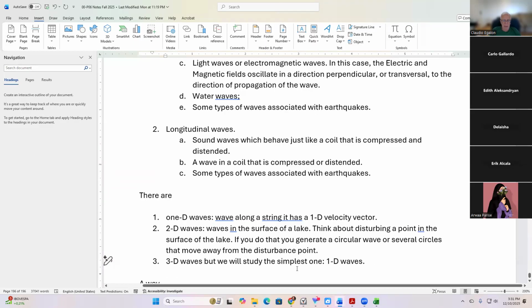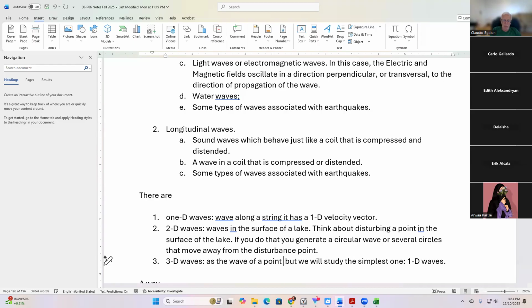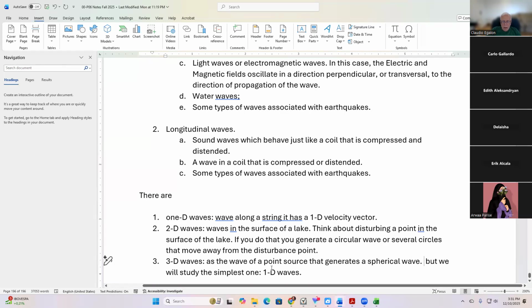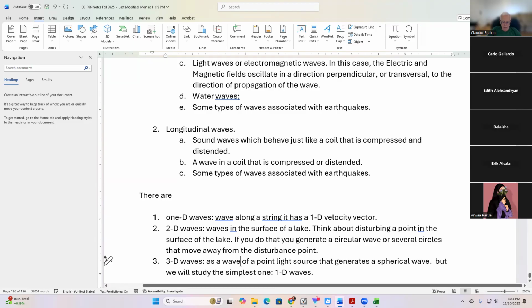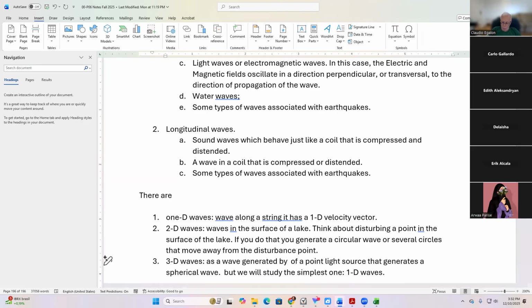One example would be the wave of a point source that generates a spherical wave. Another example would be a point light source, a wave generated by a point light source.